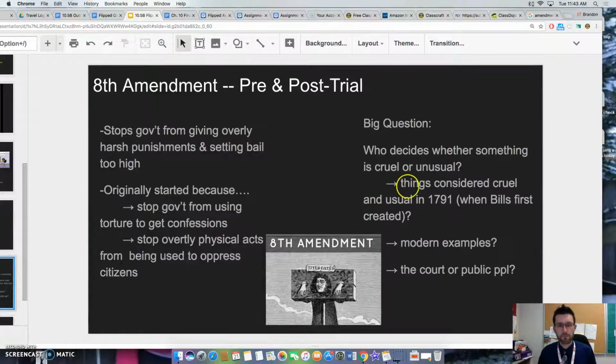For example, are things considered cruel and unusual that were considered cruel and unusual also in 1791? And I chose this number because that's when the Bill of Rights was first created. So are those items to be what we consider cruel and unusual? Or should we look at more modern examples of what's considered cruel and unusual punishment? Or do we let the courts and public opinion decide?